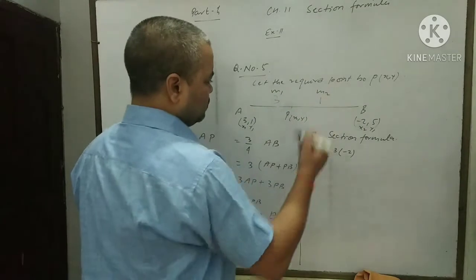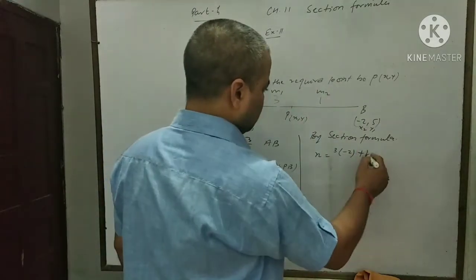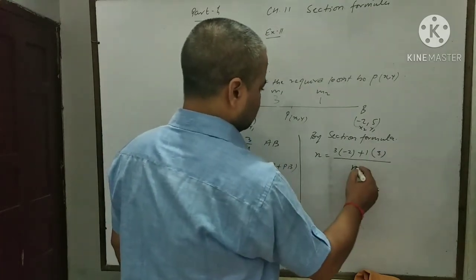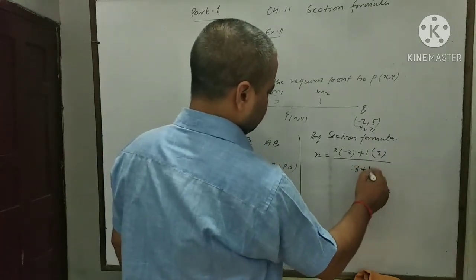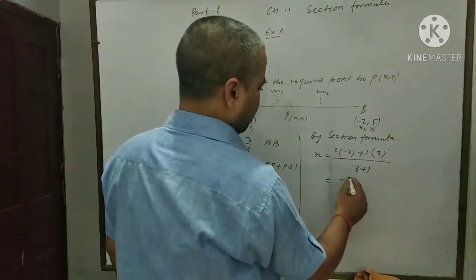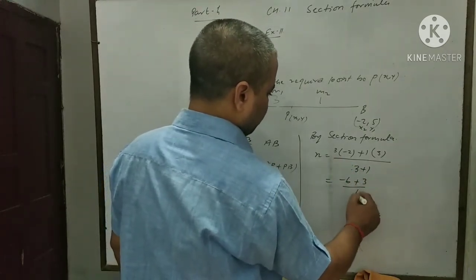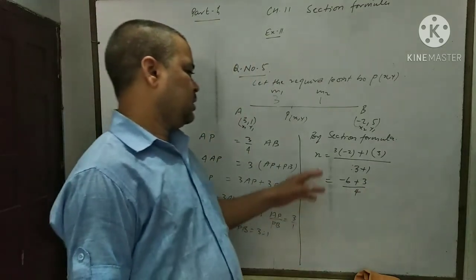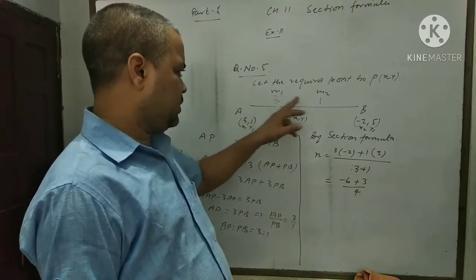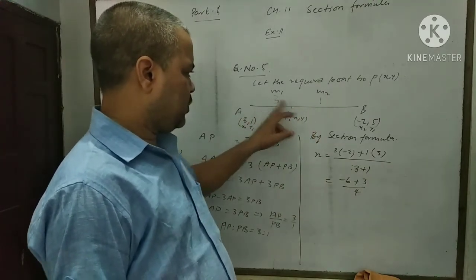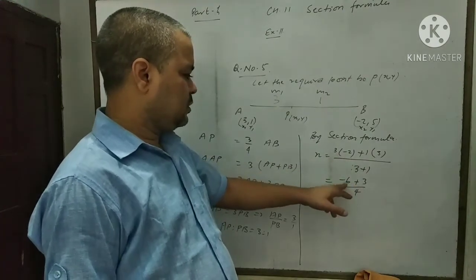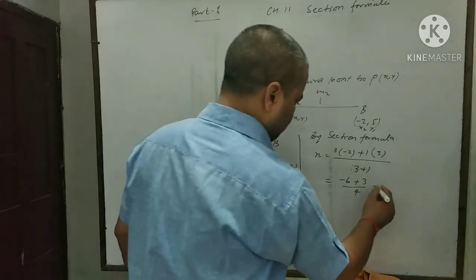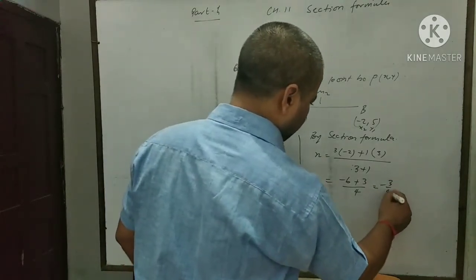So m1 x2 plus m2 x1 means 3 upon m1 plus m2 means 3 plus 1, which is equal to -6 plus 3 over 4. Here m1 x2, 3 times -2 will be -6. Then its value will be -3/4.